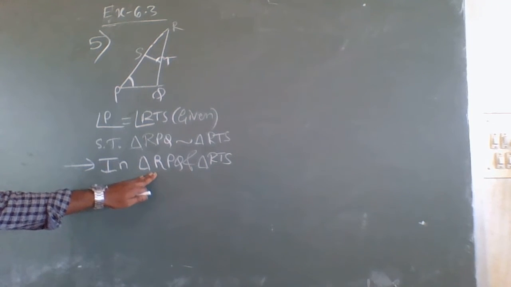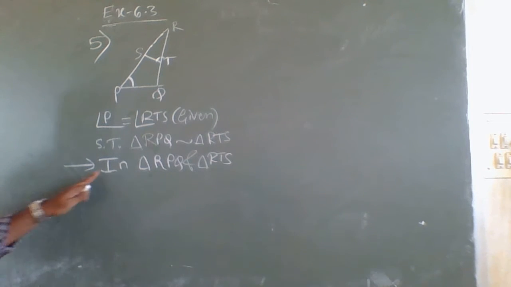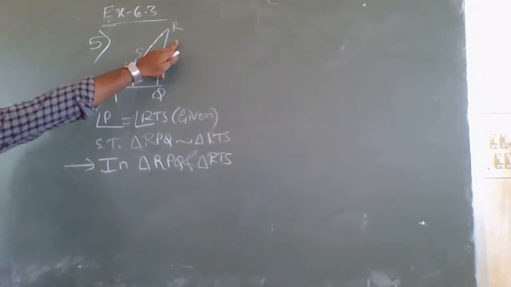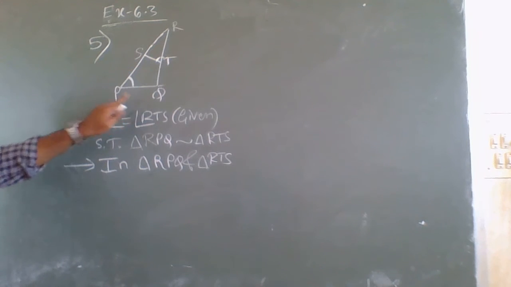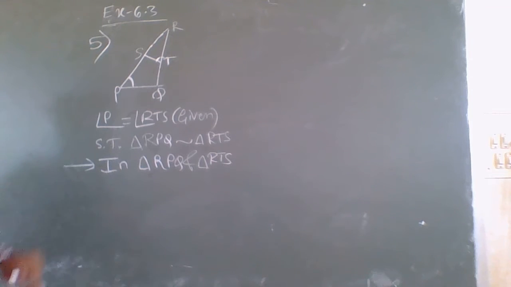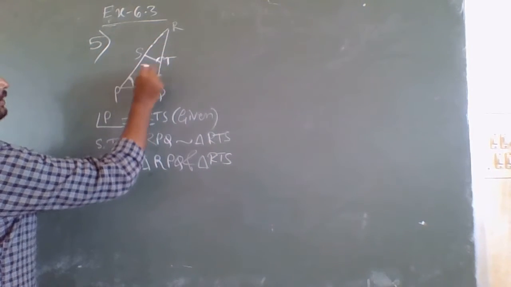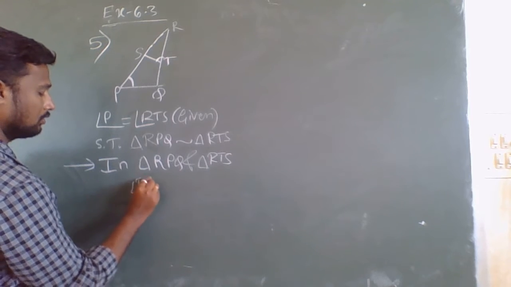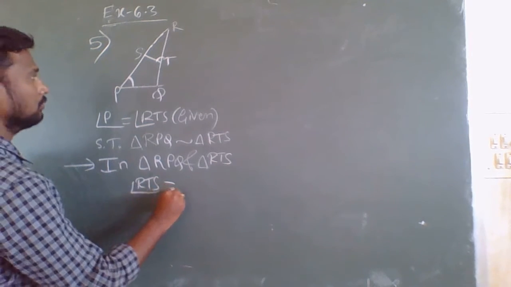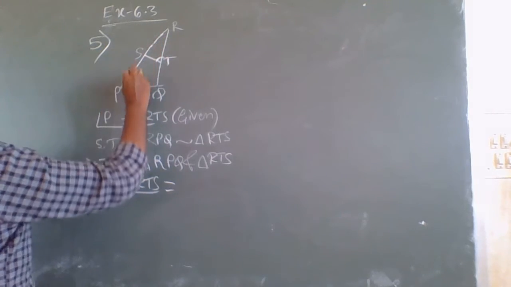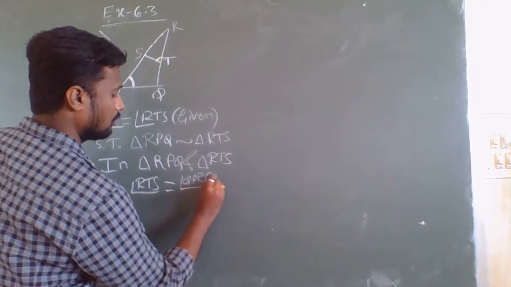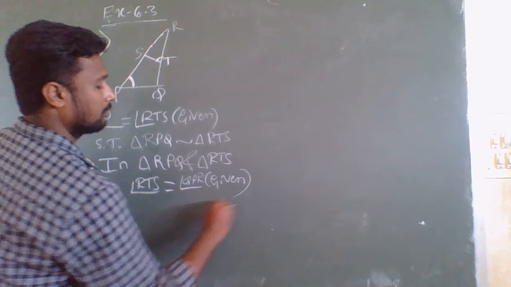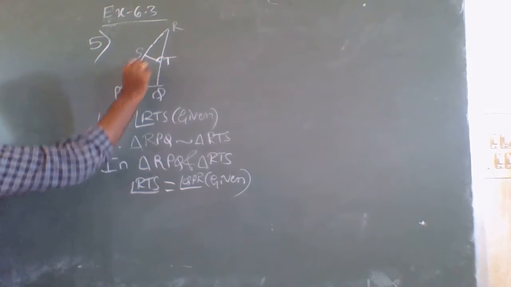Now I will write angle RTS equals angle QPR. Here angle RTS equals angle QPR, this angle. This is given. They have given that these two angles are equal.